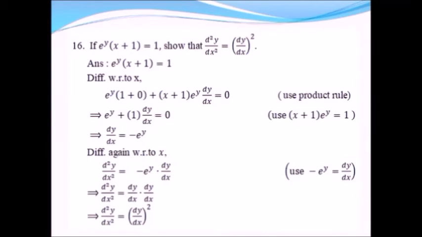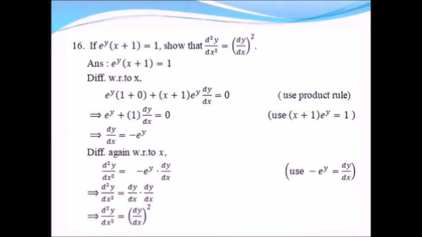What is the value of x plus 1 e to the power y from the question? In the question, given e to the power y into x plus 1 is 1. I am substituting that value, that is e to the power y into 1 plus 1 plus 0 is e to the power y, plus x plus 1 e to the power y is 1, into dy by dx is equal to 0. Simplify, you will get dy by dx value is minus e to the power y.